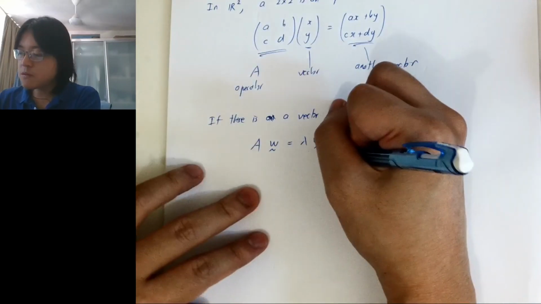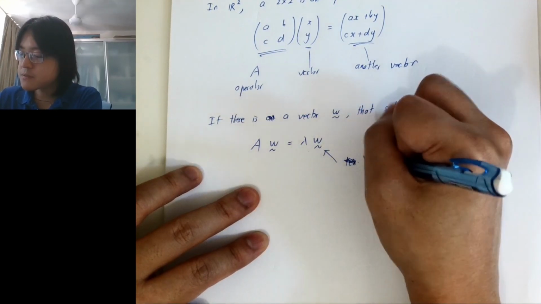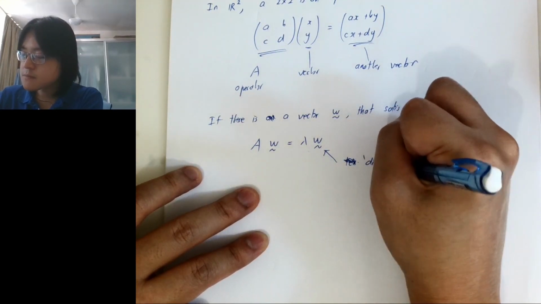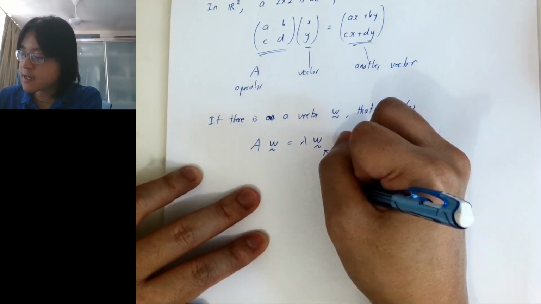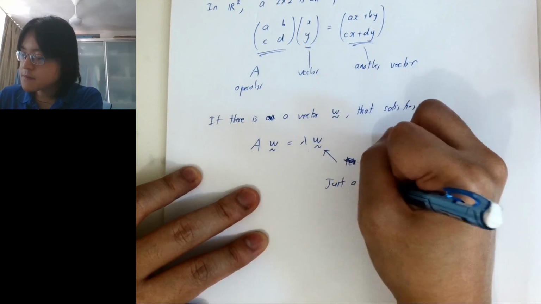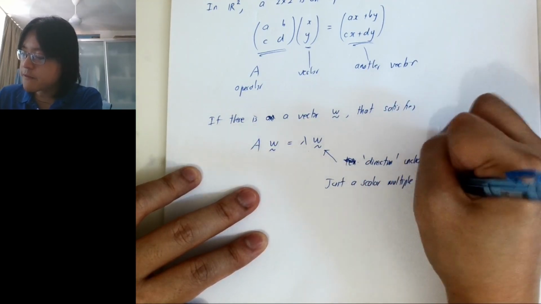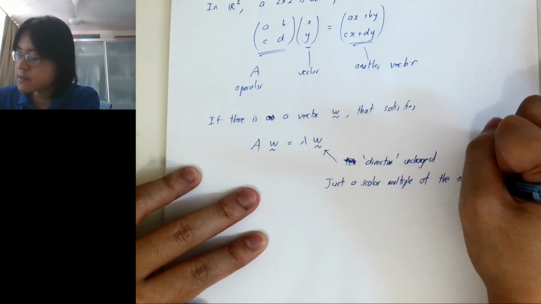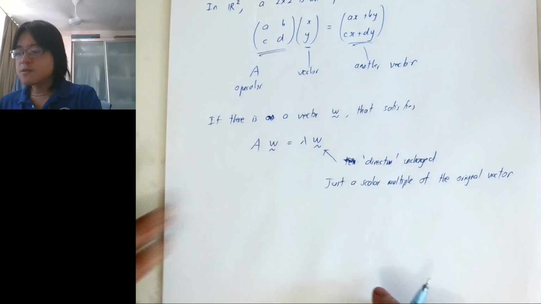So the result is that the direction is unchanged, just a scalar multiple of the original vector before the operation. Can you guess what this is?